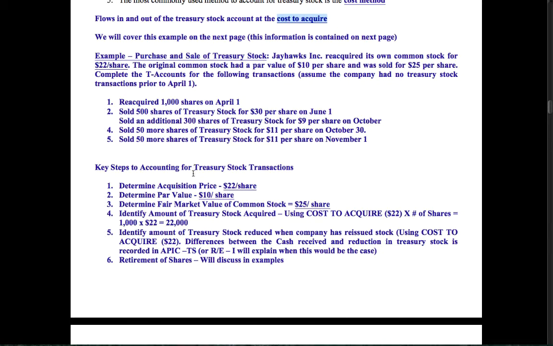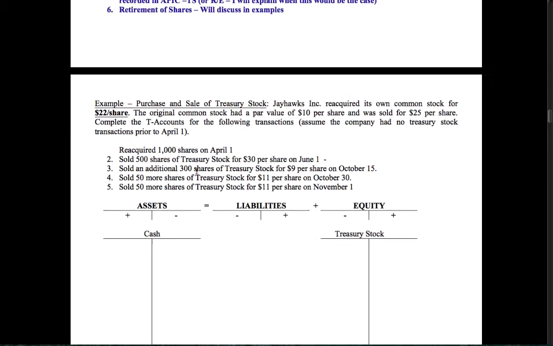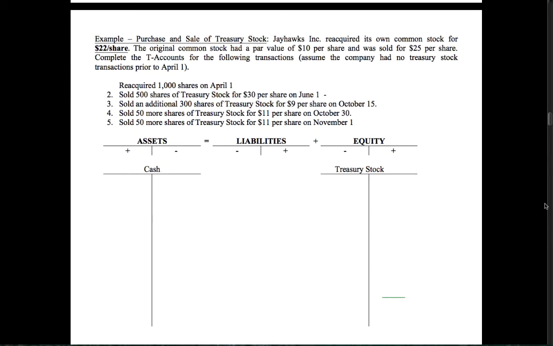So now let's go ahead and dive into this example, and we will go through step by step each of these transactions.